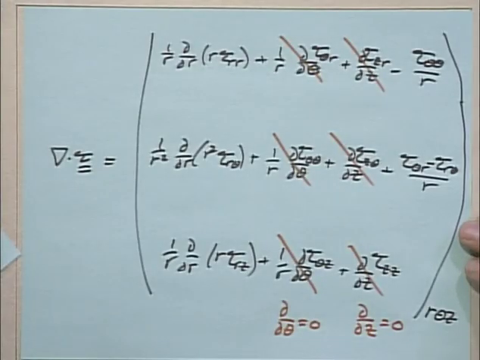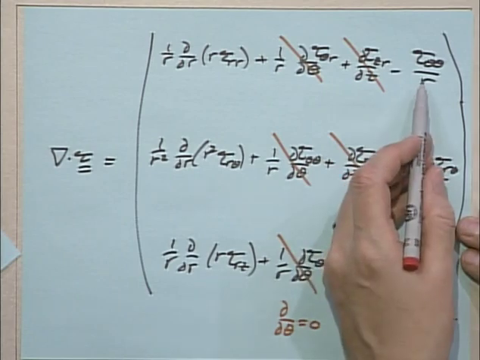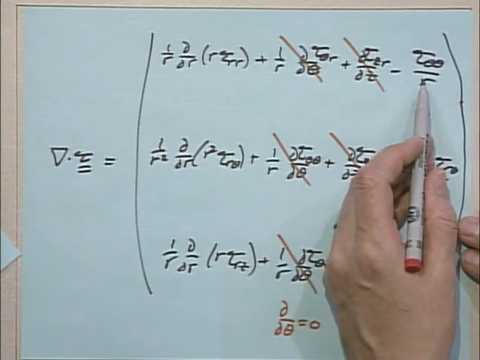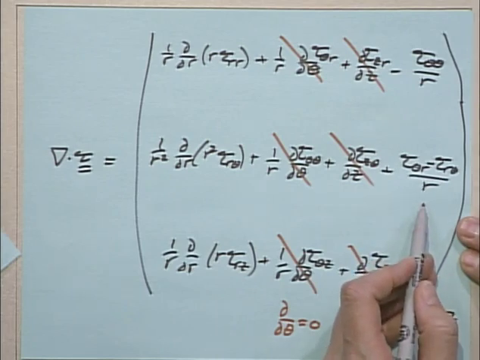So these are the three terms we expect to be important. And then we have these mystery terms here. This one, if I were going to get rid of this, I'd have to know something about tau theta theta, about which I know nothing, so I'm not going to say anything at the moment. But this one I can do something about. Do you see what's going on here? Shouldn't those be the same?